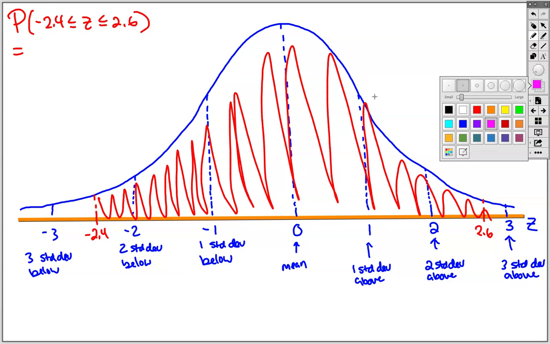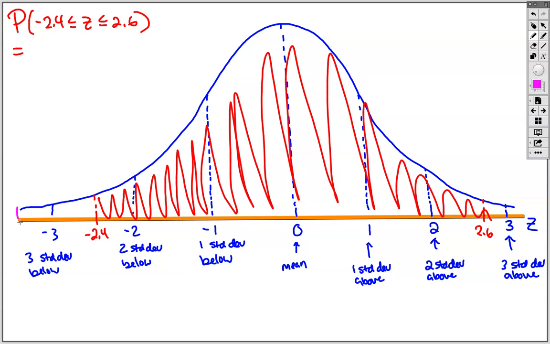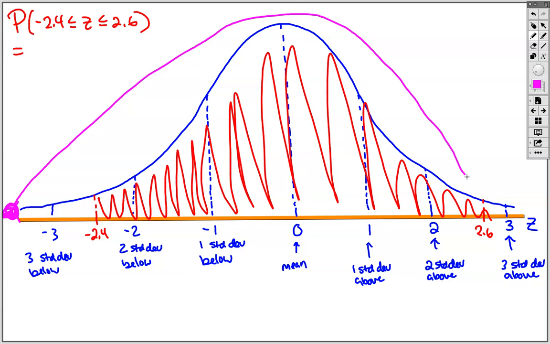This is the same as this area from here all the way to the end, the leftmost you can go, all the way to here. So that's the probability that z is less than or equal to 2.6, because remember, we're always trying to deal with the left of things, to the left of 2.6.